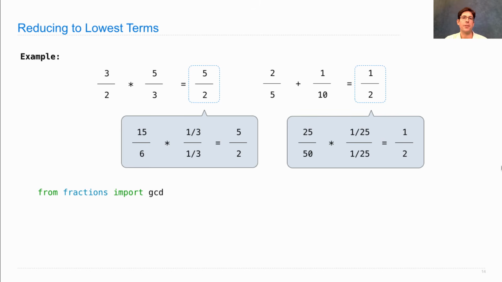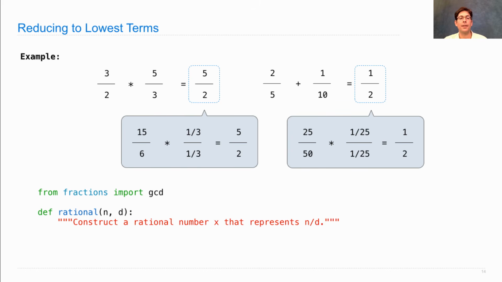In a previous lecture, I showed you how to write a function that does this, but it also happens to be built into Python. And then what I'm going to do is redefine the rational constructor to take any numerator and any denominator, and then construct a rational number that represents n over d, but does it in a way such that the numerator and denominator that are accessed later are always relatively prime, which you can achieve by computing the greatest common divisor of both the numerator and the denominator.